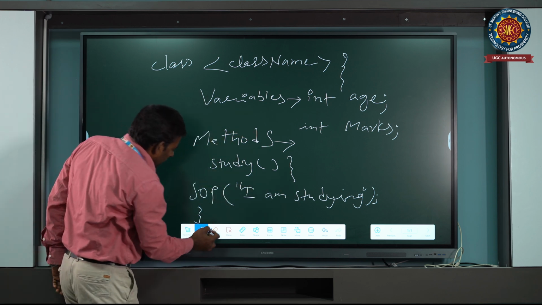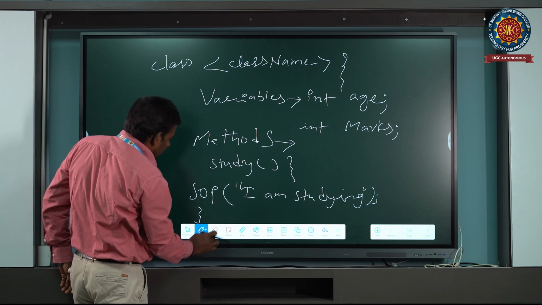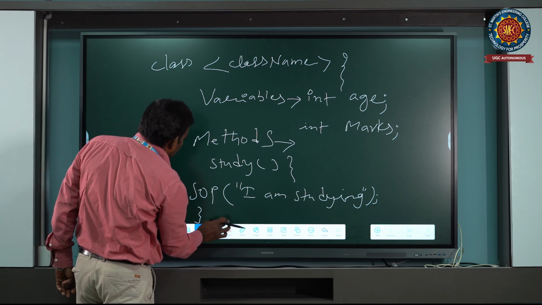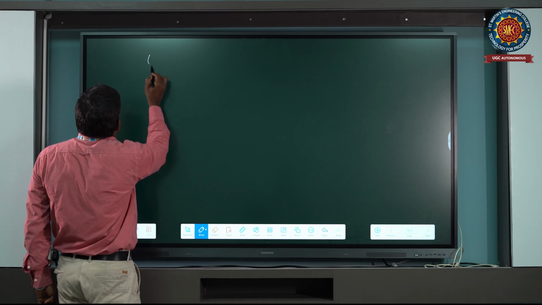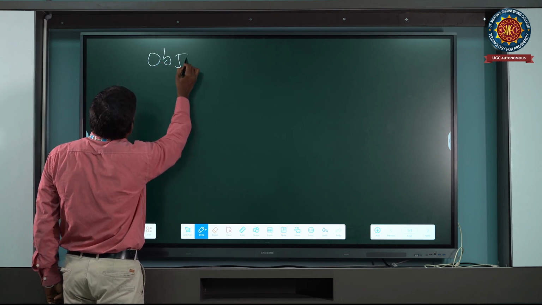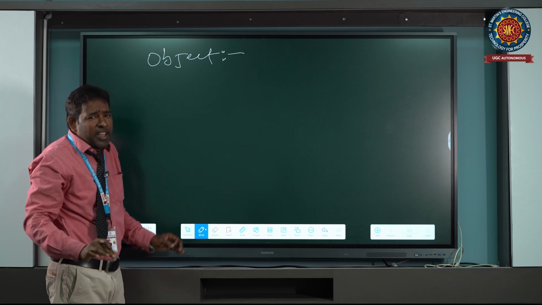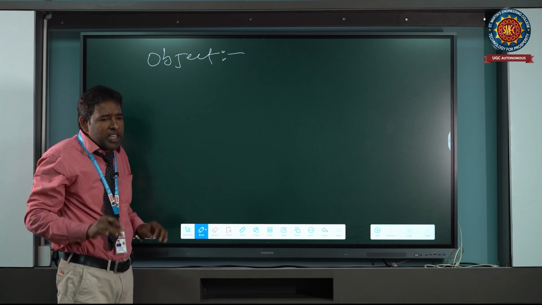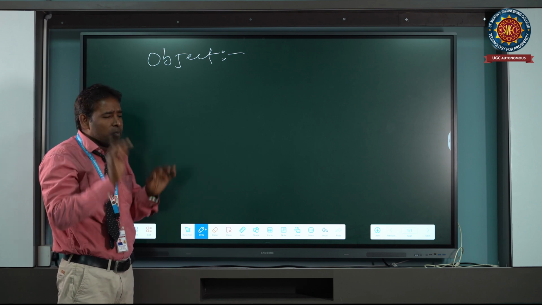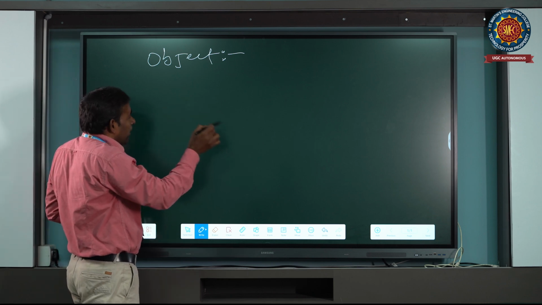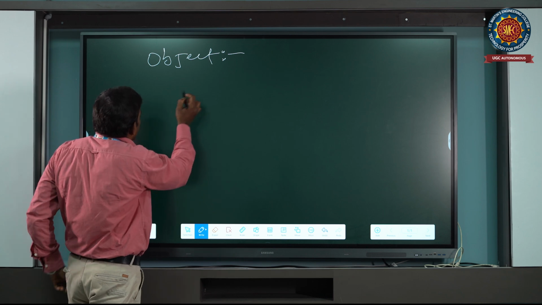Next, what is an object? An object is nothing but a real world entity, which means we can see it and touch it. Suppose previously we created a class called Student.